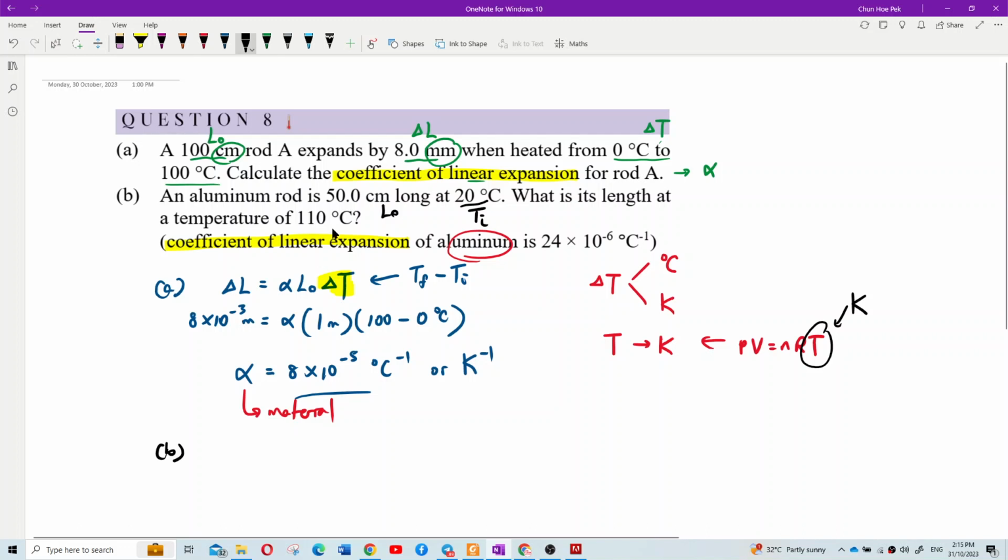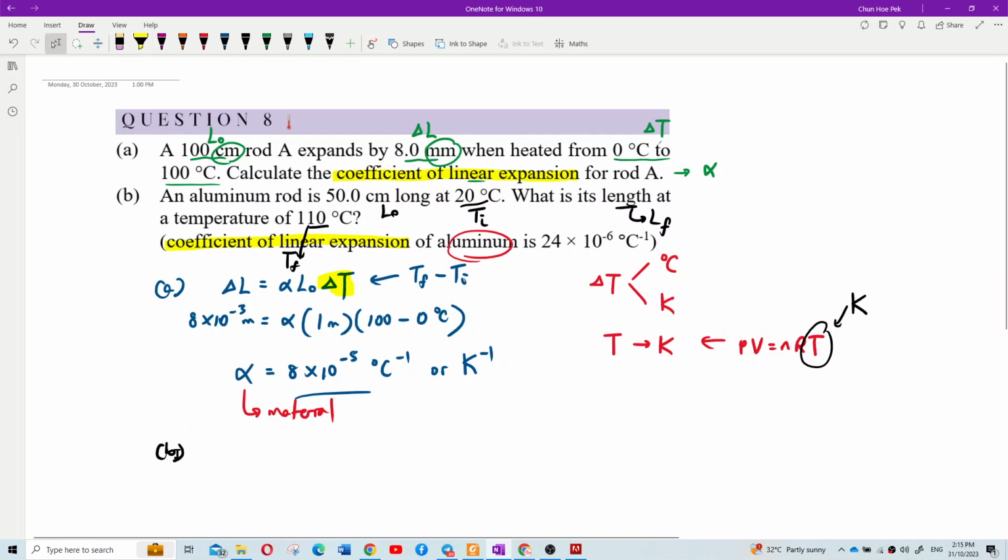I want to find the final length at this final temperature, 110 degrees Celsius. That means what is the final length?